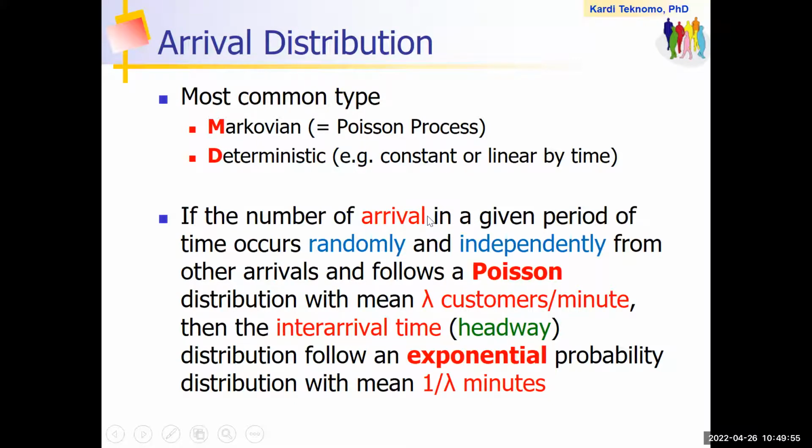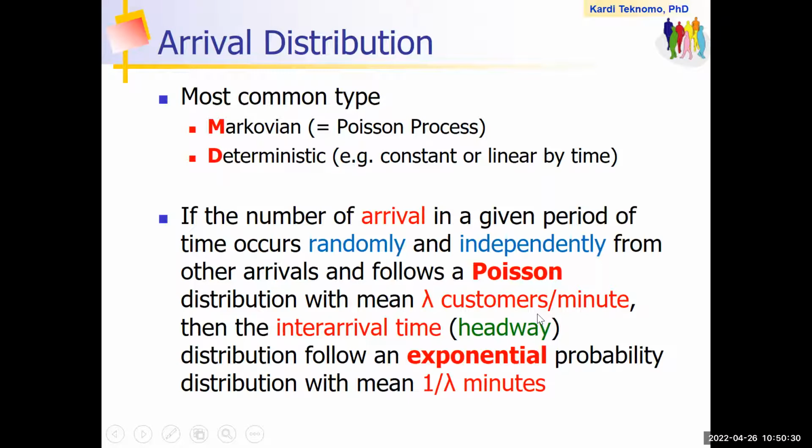If the number of arrivals in a given period of time occur randomly and independently from other arrivals, and it follows Poisson distribution with the mean of lambda customers per time, so the time here is minute, then the inter-arrival time, that is the headway, will follow the exponential probability distribution with the mean of 1 over lambda minute. Clear, yeah?